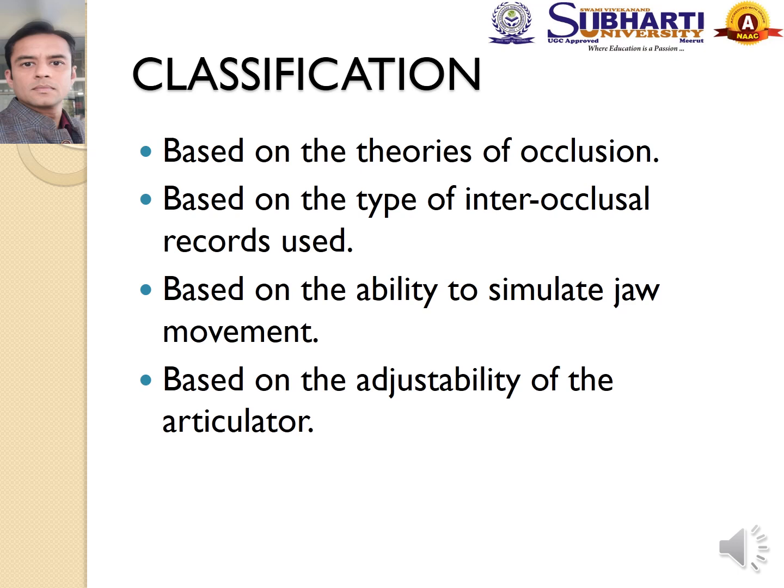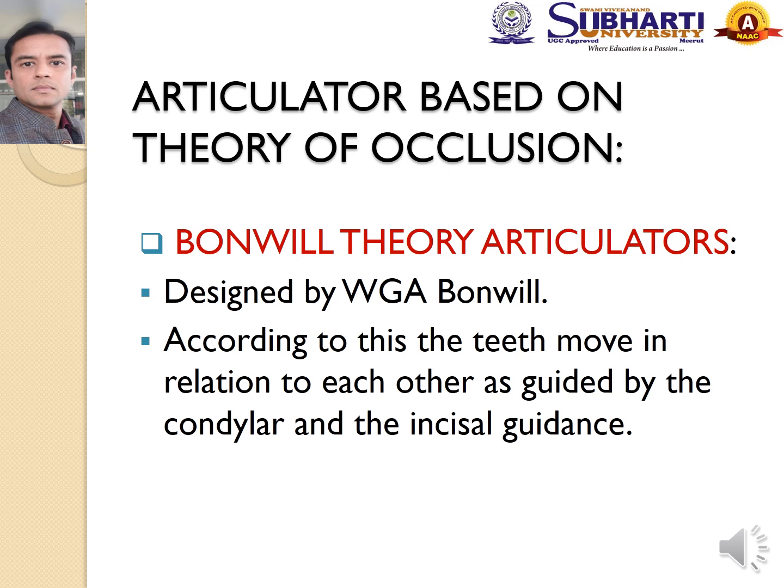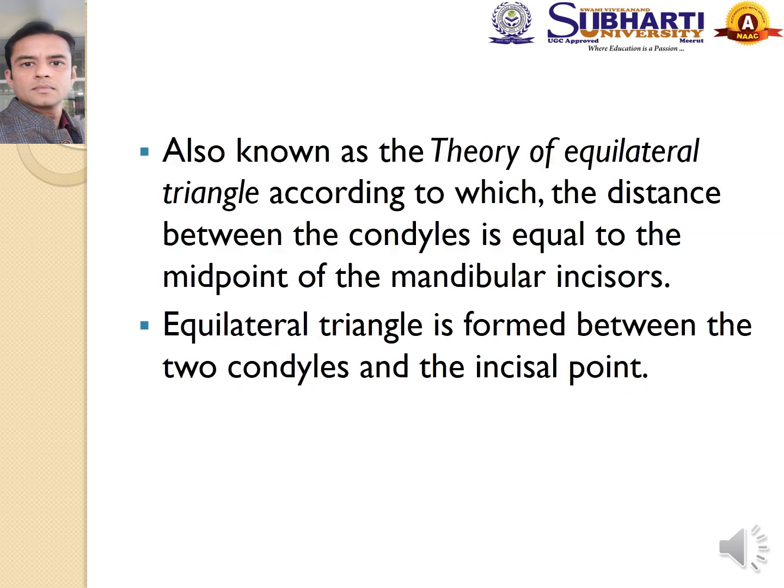Coming over to the classification based upon the theory of occlusion, here we have three theories. The first one is the Bonwill theory of articulation. You must have heard the name Bonwill theory. According to this theory, the teeth move in relation to each other as guided by the condyle and the incisal guidance, and it was given by W.G.A. Bonwill.